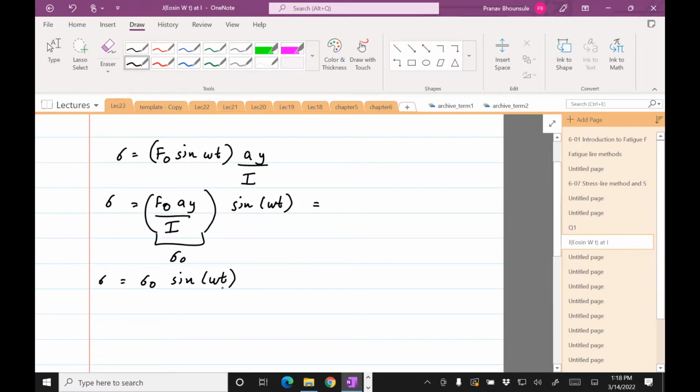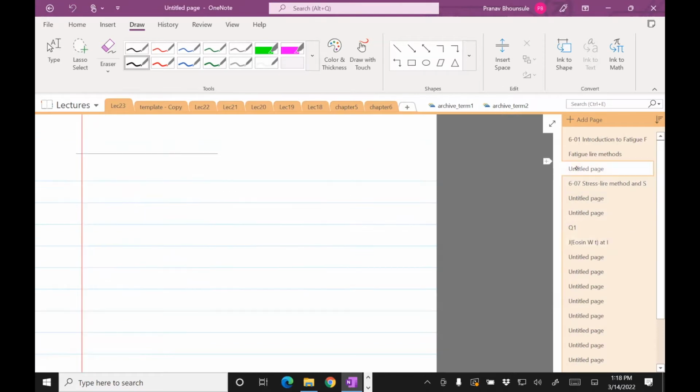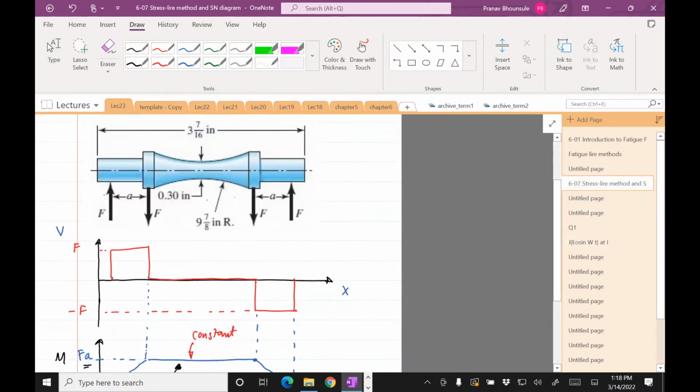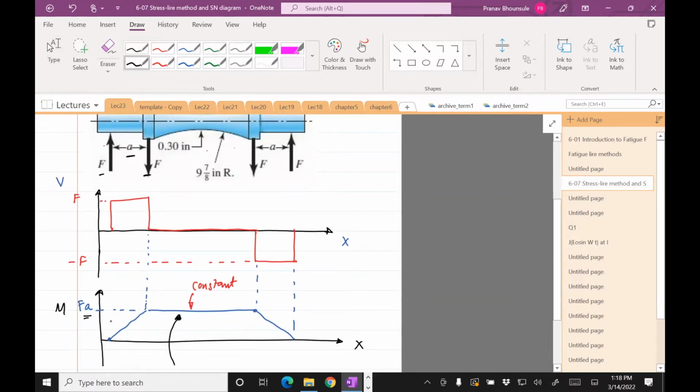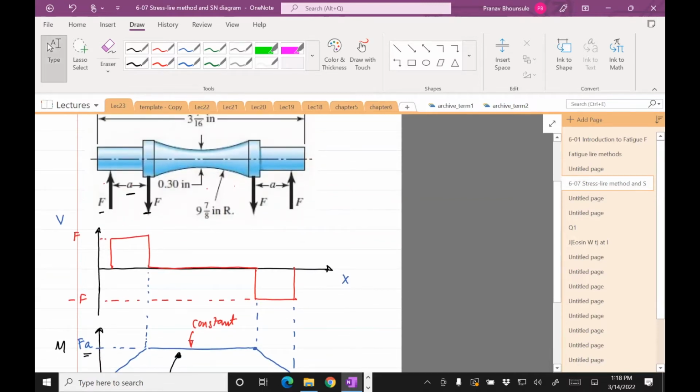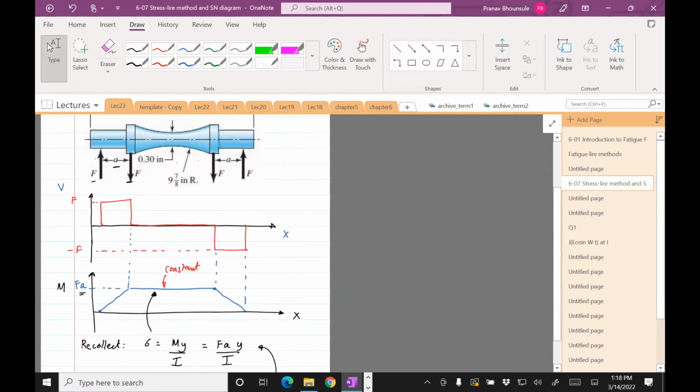A is the distance between F and F. It'll appear as the moment. Yes, it's along x.